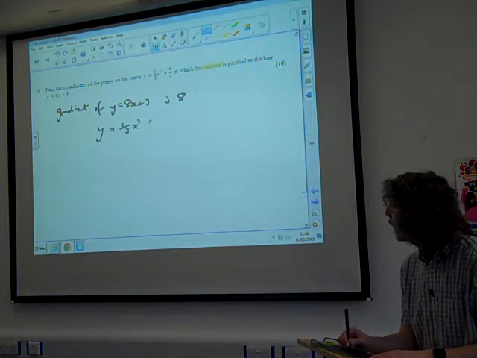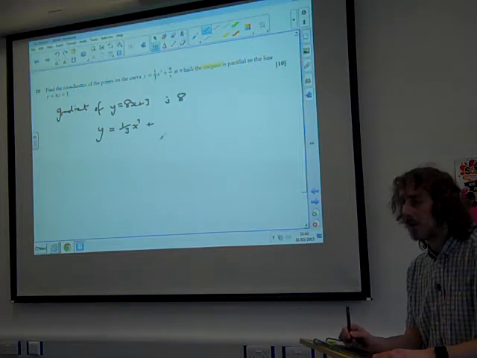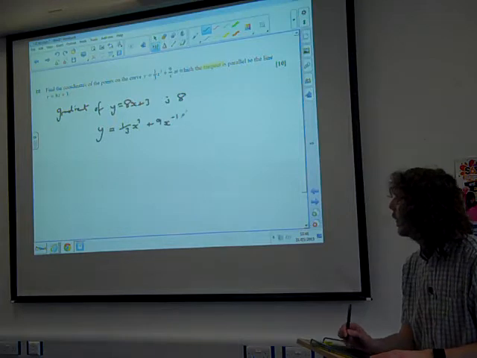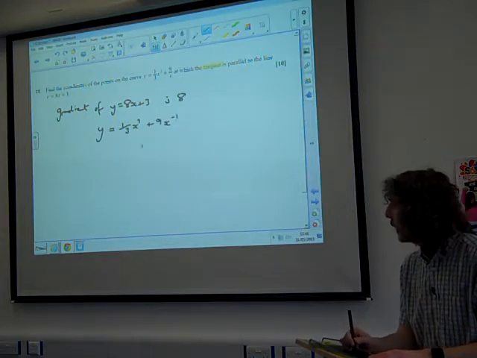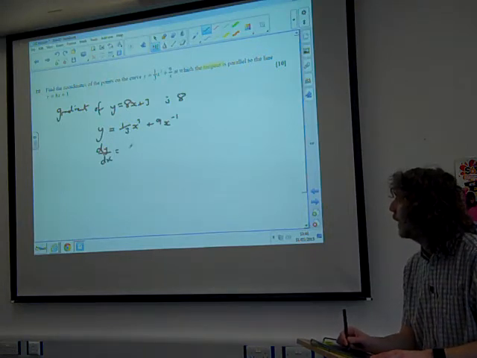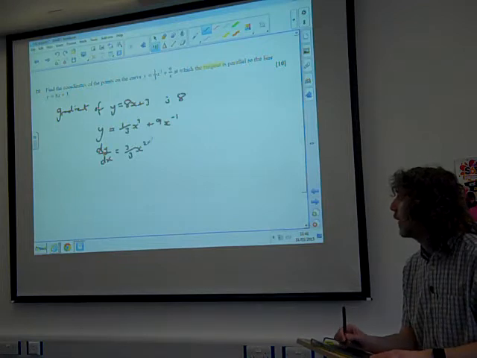Now, how are we going to write 9 over x? 9x to the minus 1. Okay, so that's the first bit. Now we're going to differentiate it. dy by dx is 3 over 3 times x squared.